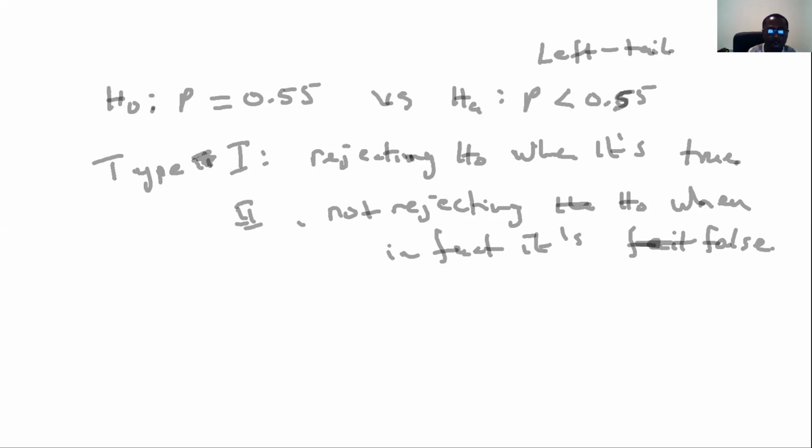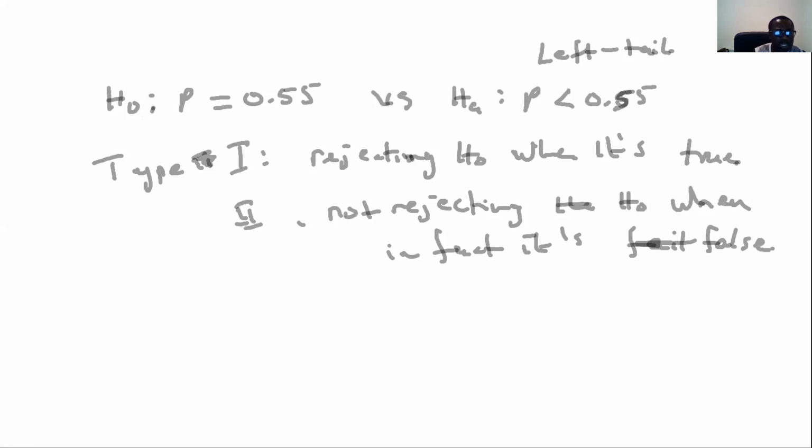So which one is type 1? Option A says you fail to reject. The claim that the percentage of high school students who graduate is less than 55% goes to the alternative. Remember that.